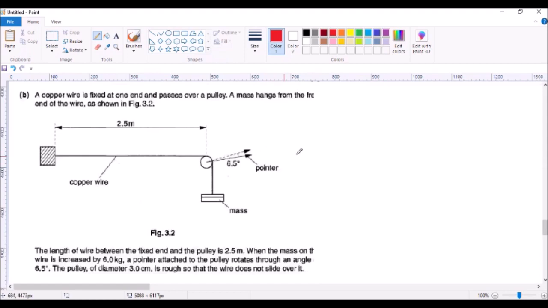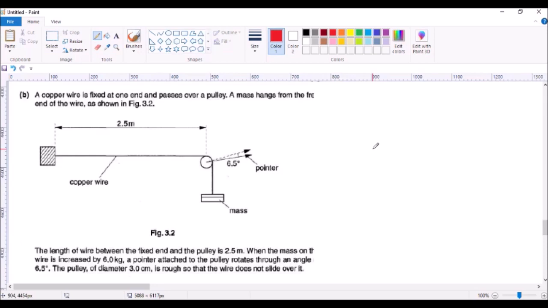The length of the wire between the fixed end and the pulley is 2.5 meters. The mass on the wire is increased by 6 kilograms. The pointer attached to the pulley rotates through an angle of 6.5 degrees.